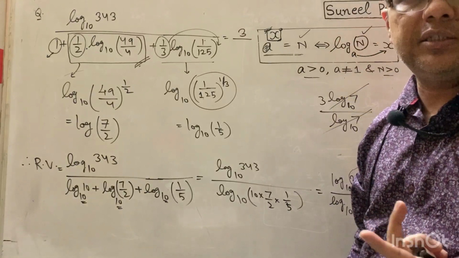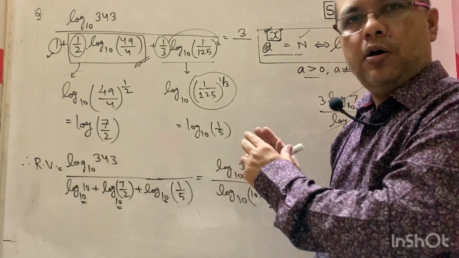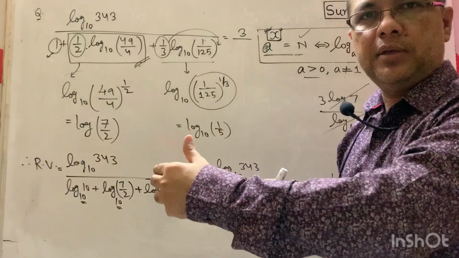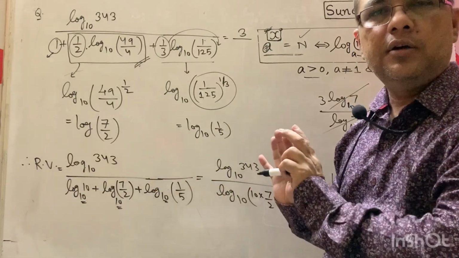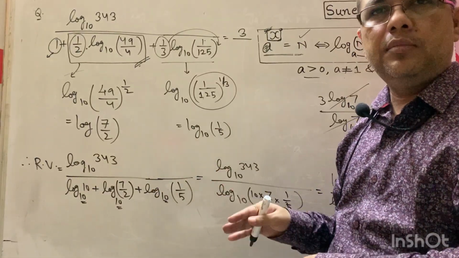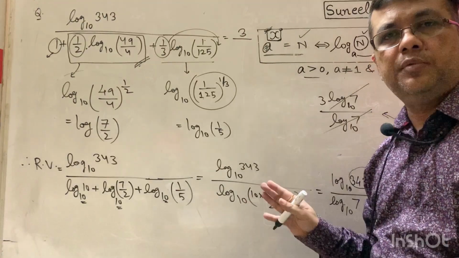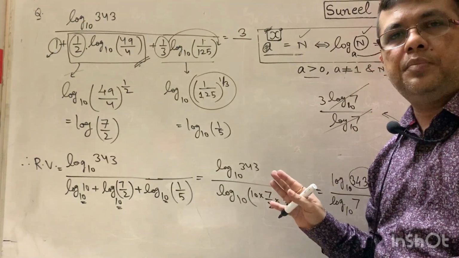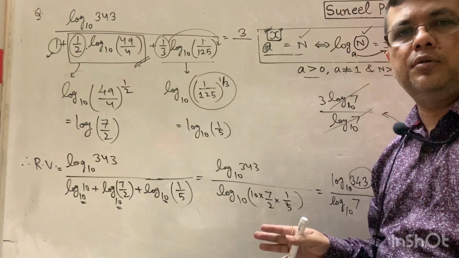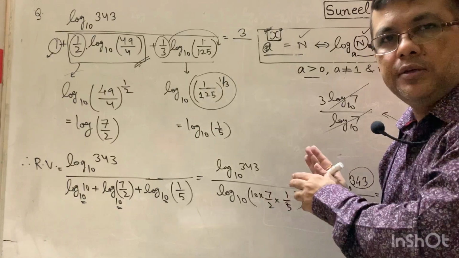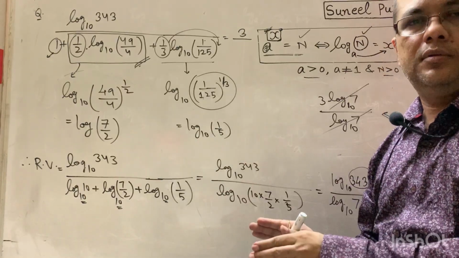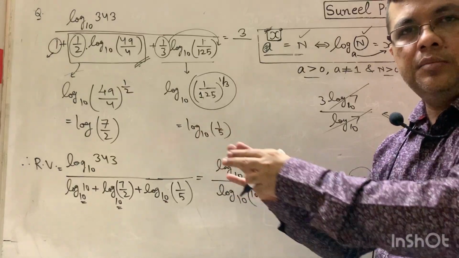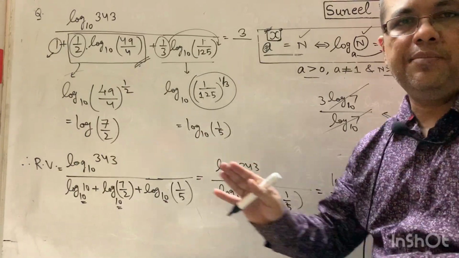I had told you the master trick. What was that? All the logarithms preceded by a plus sign, their numbers will go into the numerator, and all the logarithms preceded by a minus sign, their numbers will go into the denominator. While simplifying logarithms, all of which are at the same base.